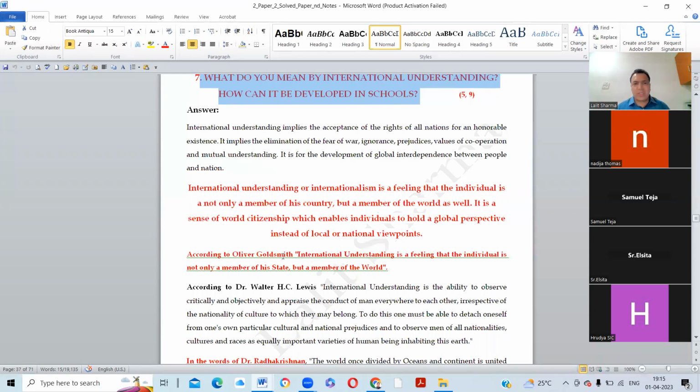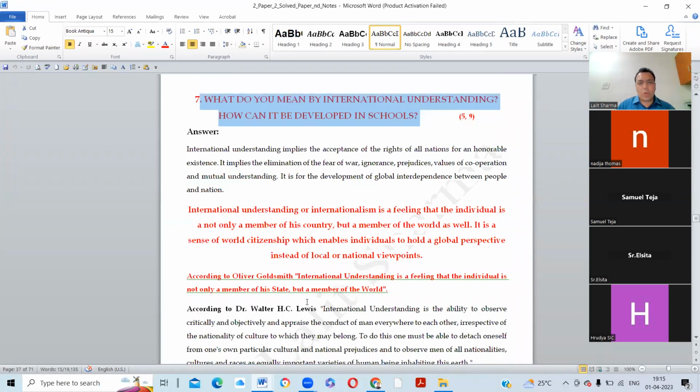So the question is, what do you mean by international understanding? That is question 5. What is question 9? How can it be developed in schools? Because look, any thing related to the Constitution, related to society, whatever the things, we fulfill these things with the help of education.